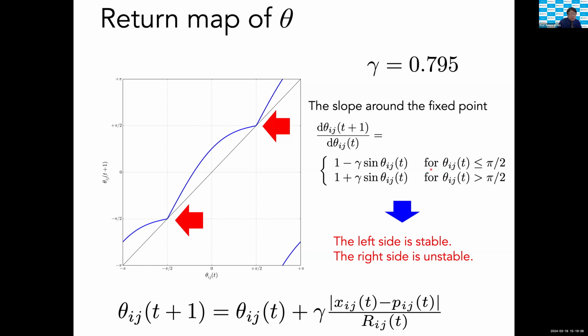The results show that the left side of the fixed point is stable because the slope is less than or equal to 1, while the right side of the fixed point is unstable because the slope is greater than 1. This means that this point can be considered a quasi-stable fixed point.